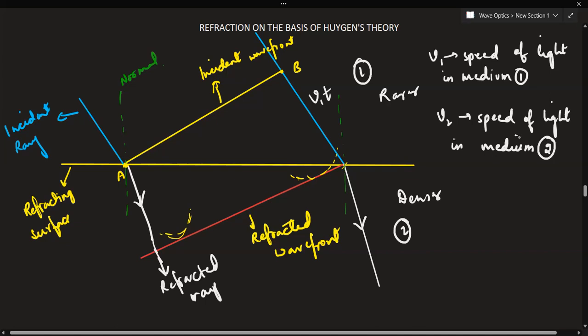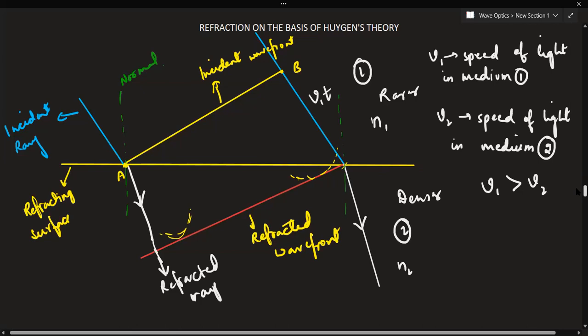Let us also consider the refractive index: N1 is the refractive index for the first medium, and N2 for the second medium. If the first medium is rarer and the second is denser, then obviously V1 is greater than V2. The speed of light is more in the rarer medium than in the denser medium.